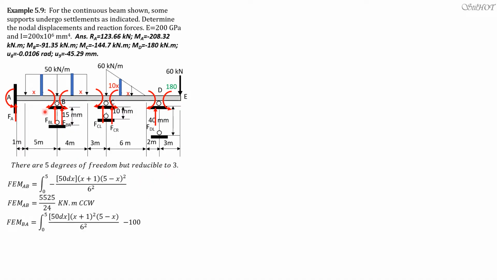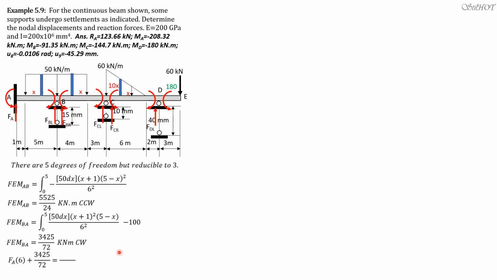So we expect clockwise moment here due to the load, and the fixed moment due to sway is counterclockwise. So there's no problem with this because we are going to add 100. But for the second part, because this is clockwise and the moment due to sway is interpreted as counterclockwise, we have to subtract negative 100. So fixed moment BA is 3425 over 72.